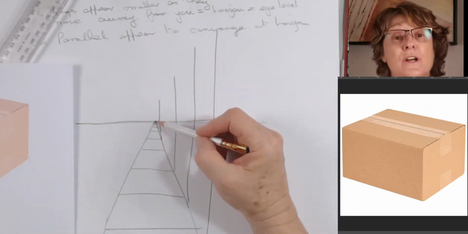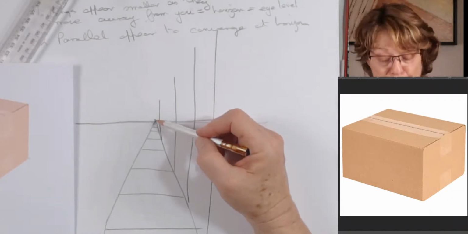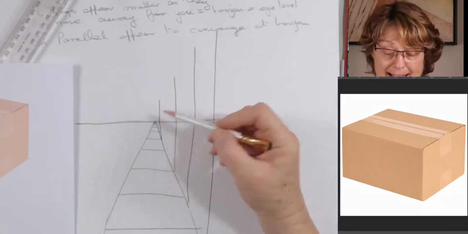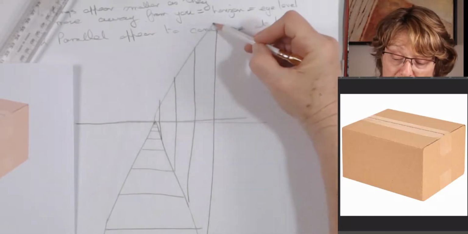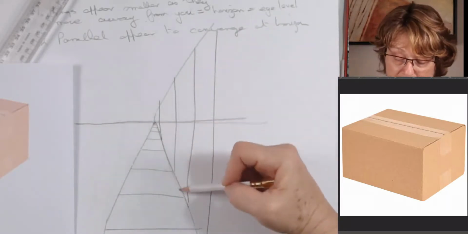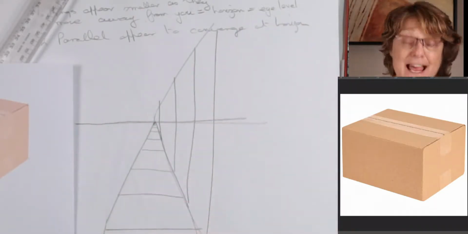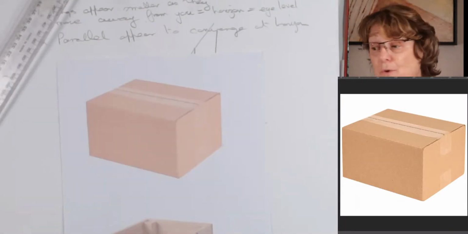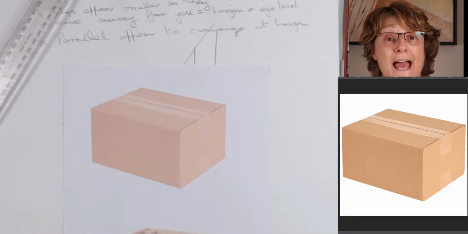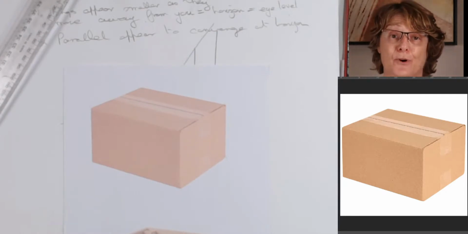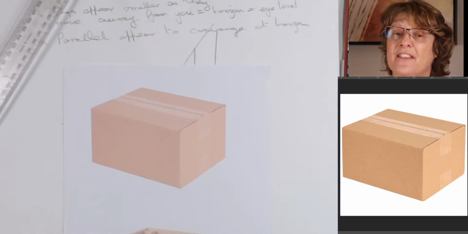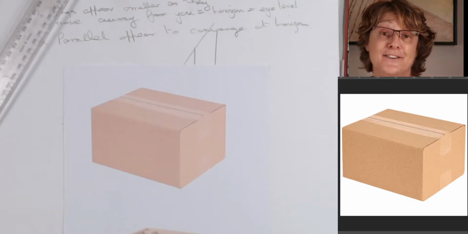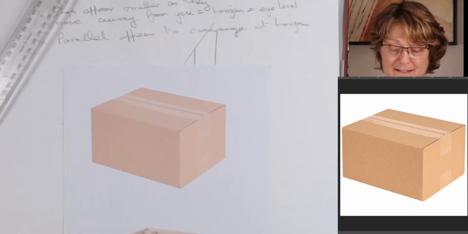The vanishing point is where these appear to vanish on the horizon at the eye level, and all of these are vanishing at the same vanishing point. However, when it comes to our box, we have 2 vanishing points, and that's all there is to it. That's what single point and double point perspective is.